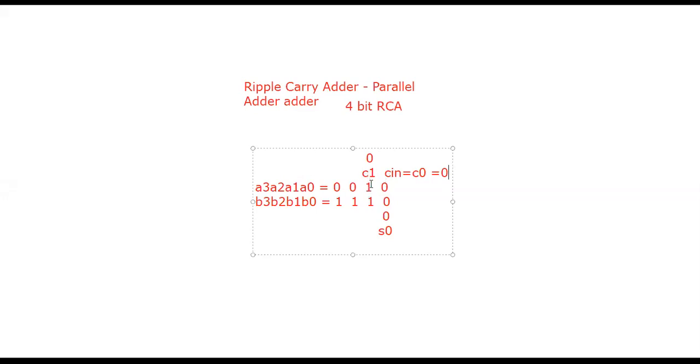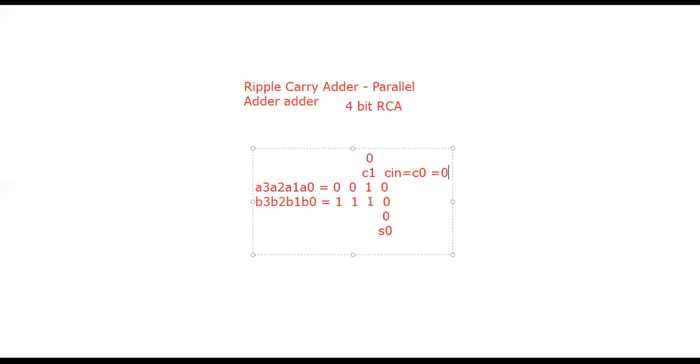Now when I'm adding this 1 and 1, what will happen? 1 plus 1 is 0. To add this 1 plus 1, I should also add the previous carry, same like our normal addition.